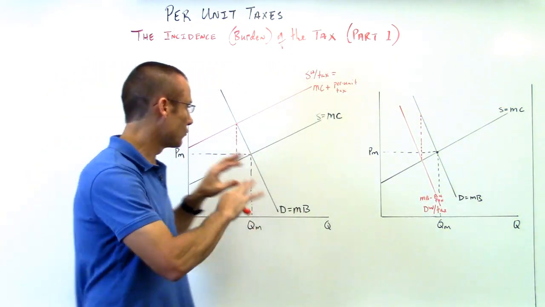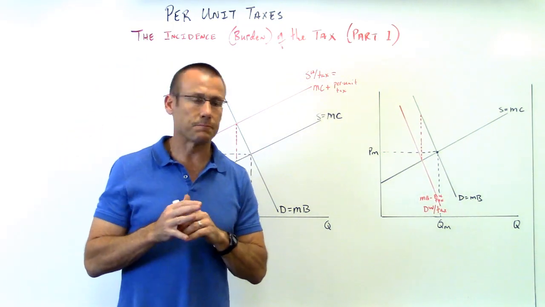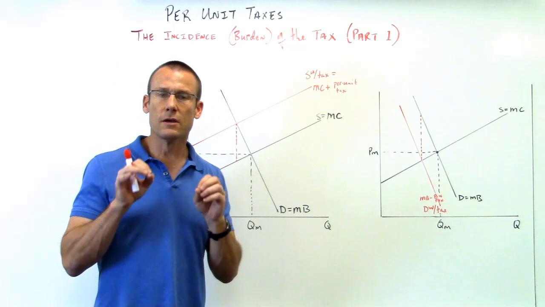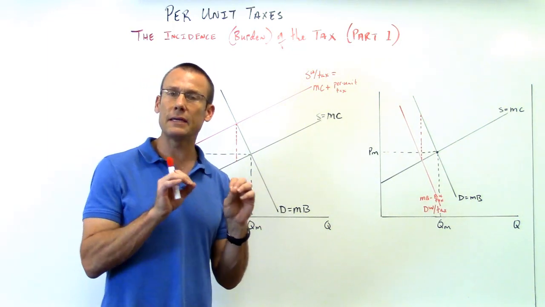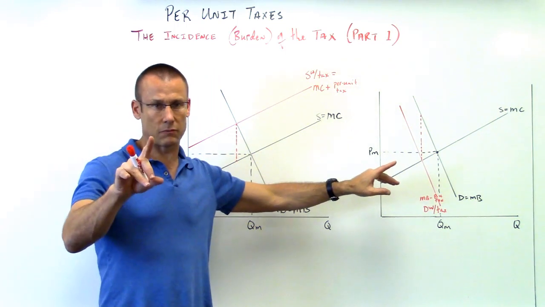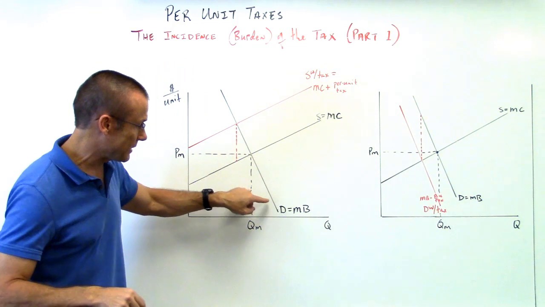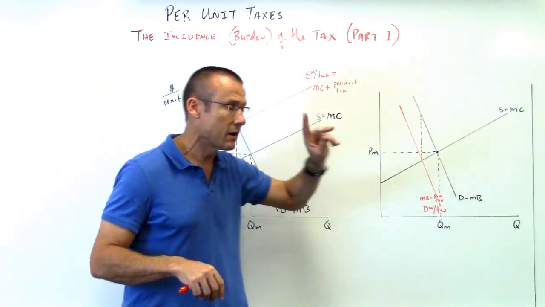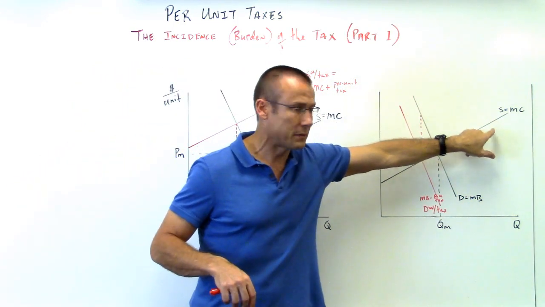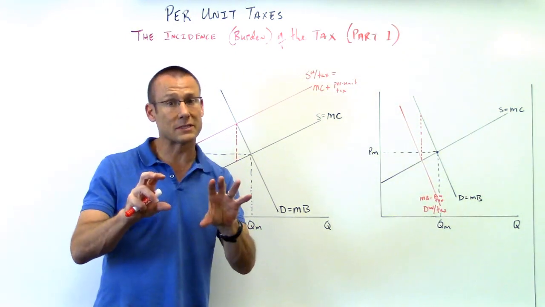Now, I did my best to draw these graphs pretty much the same. They're not perfect, but just think of them as the same. Think of the PES, price elasticity of supply, and PED, price elasticity of demand, values being the same for both graphs. Now, be careful here. I'm not saying the PES equals the PED. I'm just saying the PED here equals the PED there, and the PES here equals the PES there. In fact, the PES and PED values are very much not the same.